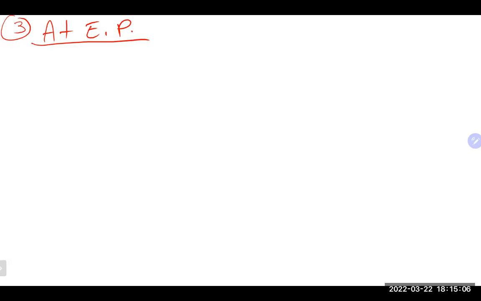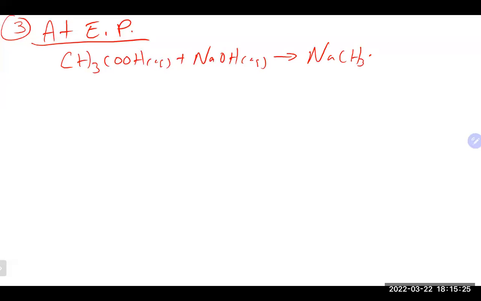So you can use the molarity and the moles to figure out the volume you would need to add to get there. So at the equivalence point, we are still going to have our same reaction, which is our acetic acid reacting with our sodium hydroxide, still forming our sodium acetate and our water.